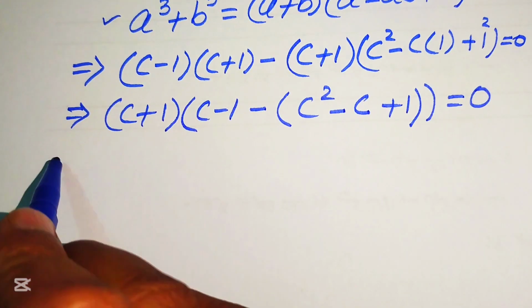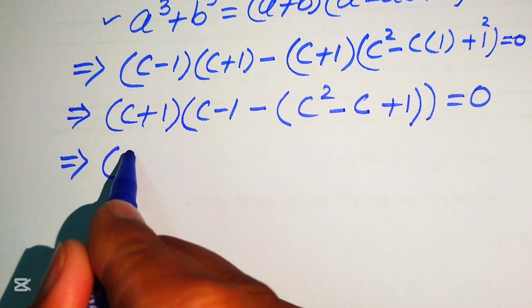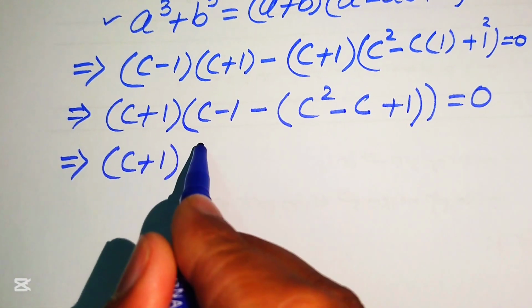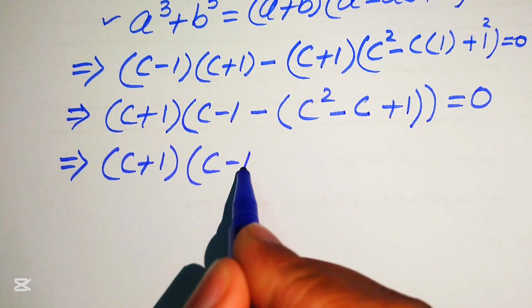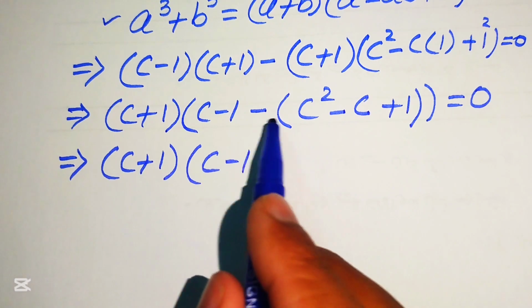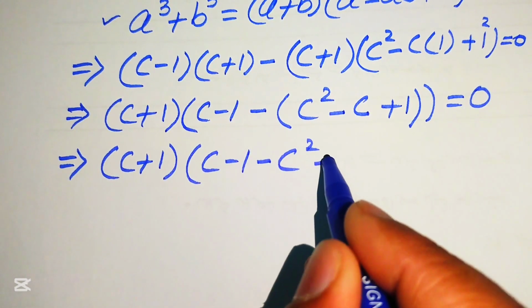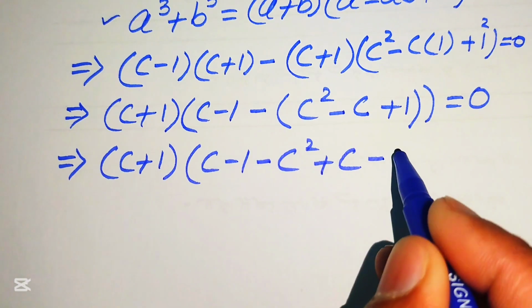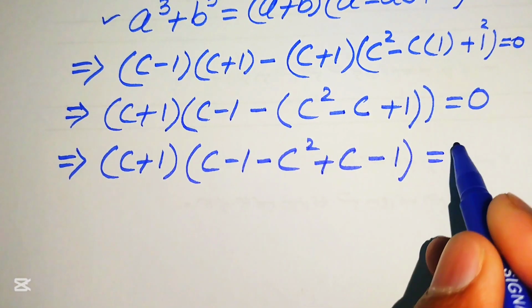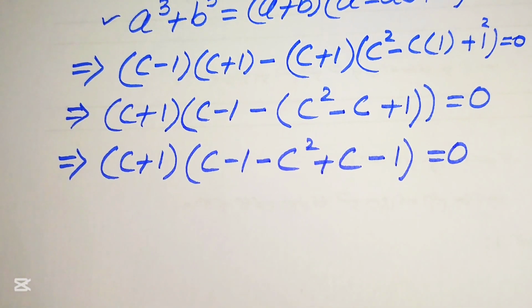In the next step we need more simplification, and we write it as c plus 1 times of c minus 1, and here we multiply this negative sign on each of these terms, and it will be written as minus c square plus c minus 1, and this whole equals 0.